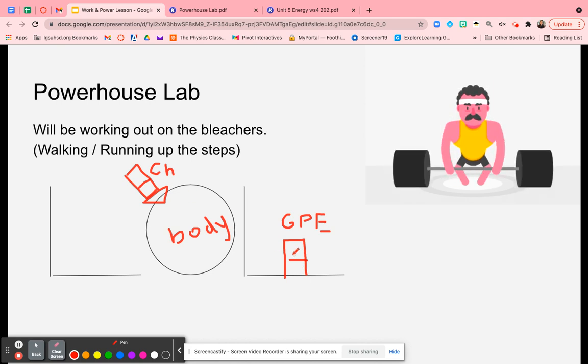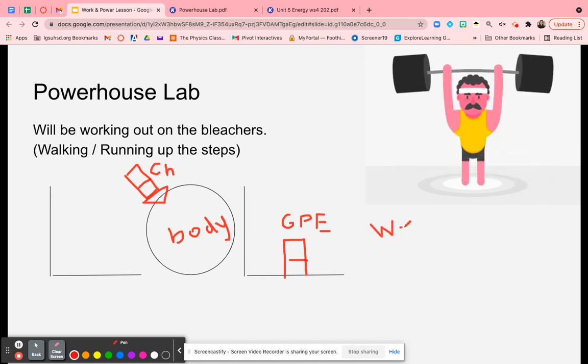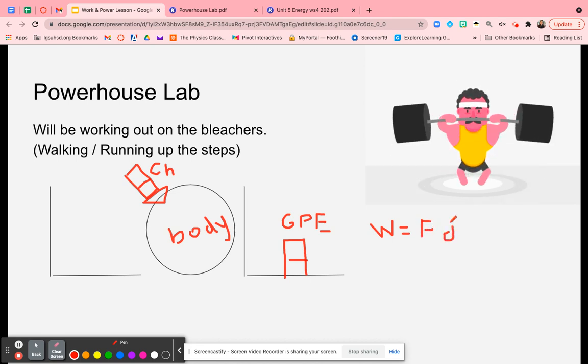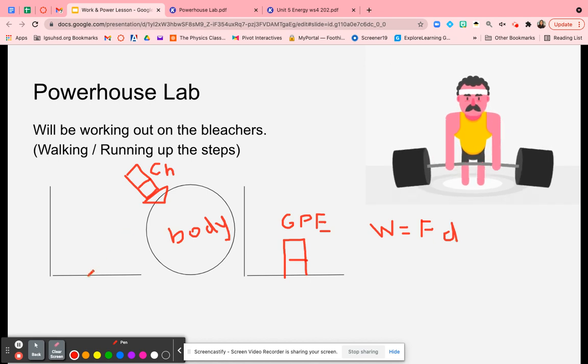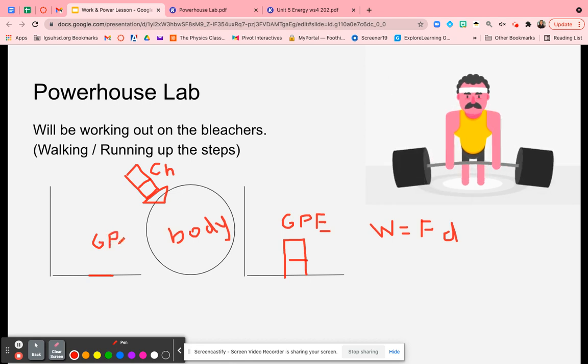Now, let's think about the fact that work is equal to force times distance, and it's also equal to change in energy. Well, this change in energy right here is gravitational potential energy. And my gravitational potential energy is going from 0 to 2 blocks.